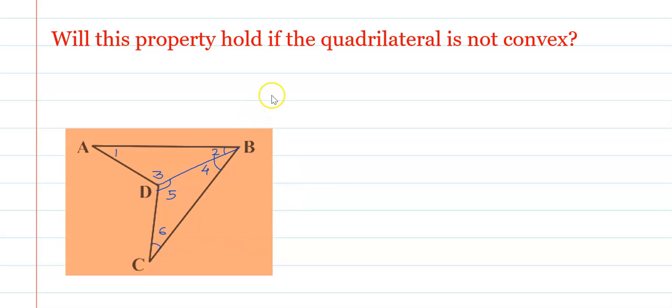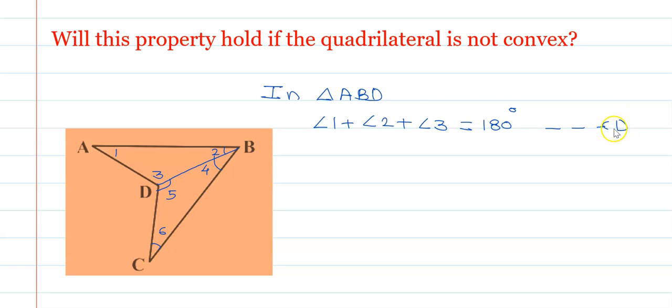Now here we consider the two triangles. Therefore, I will write here, in triangle ABD, considering this triangle ABD, what about their measures? Angle 1 plus angle 2 plus angle 3 equals 180. That is the sum of measures of angles of the triangle.